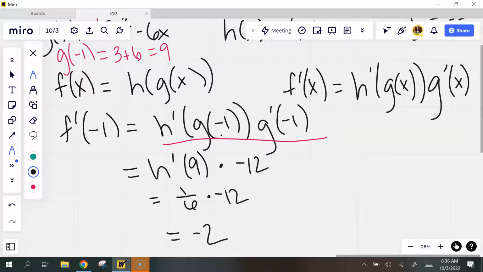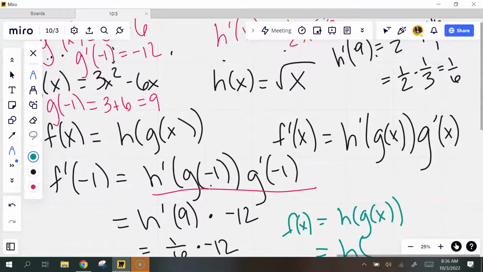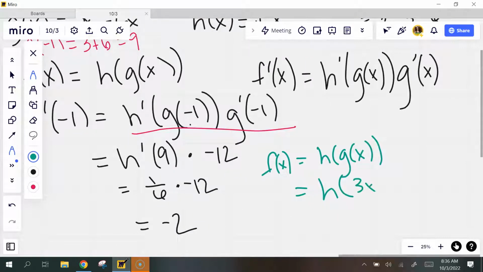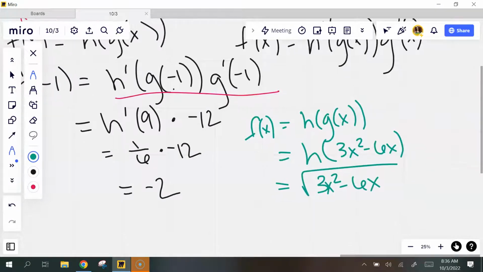If you went the other way with it, so if I did h of g of x, h of g of x is the square root of 3x squared minus 6x, right? And then you found the derivative.